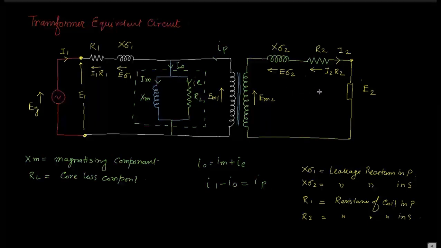So if I2 is 0, if this is the no load condition, then I1 may also be 0. If I1 is 0, then is there any flux set up in the transformer core?